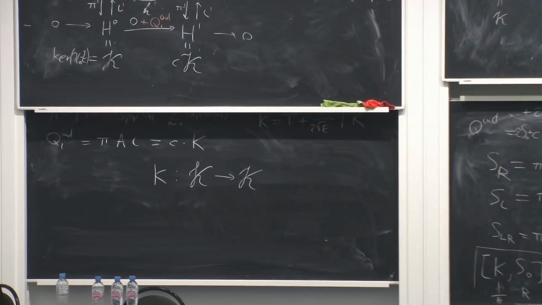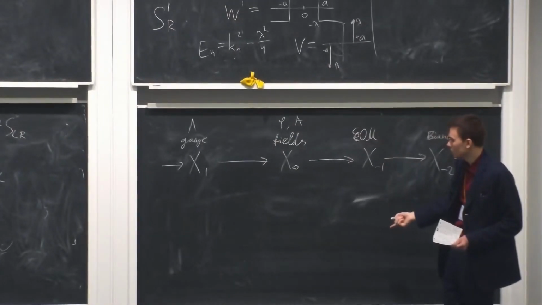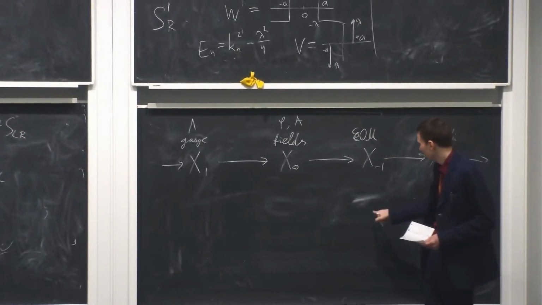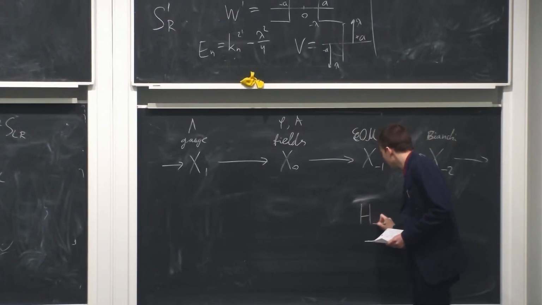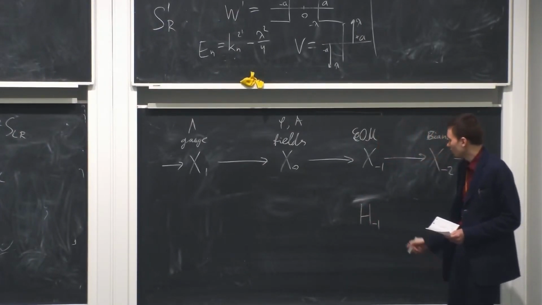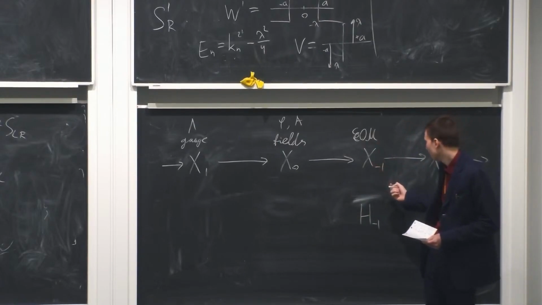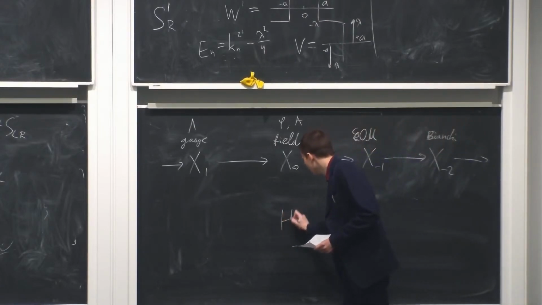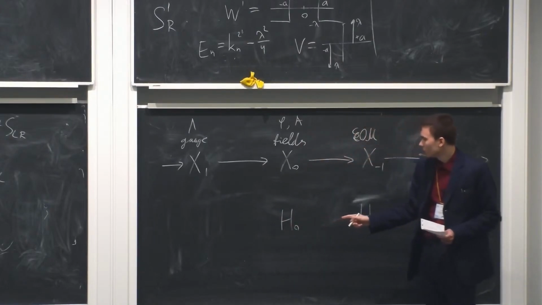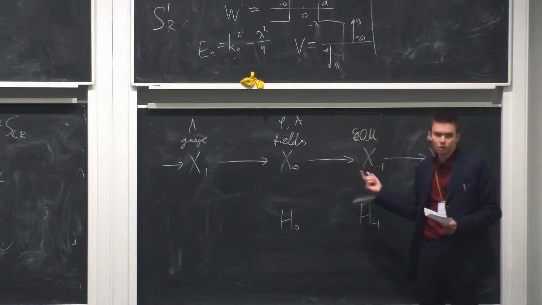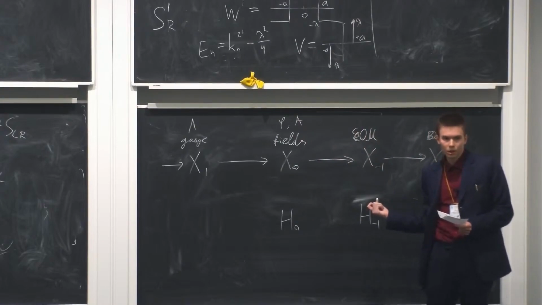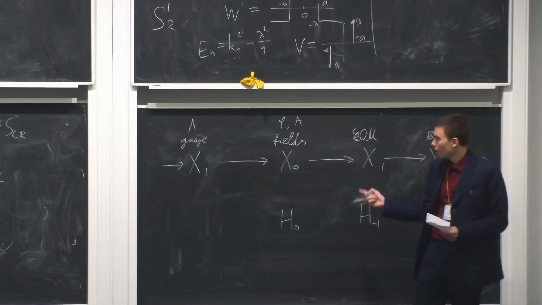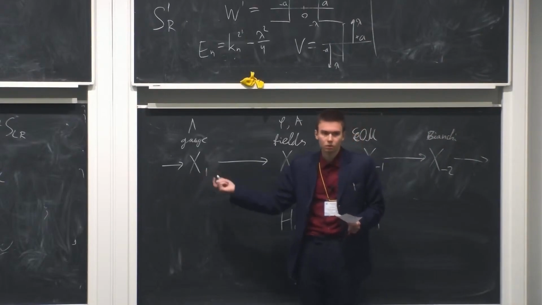So that's why when we consider these homologies here, when we look at this minus first homology, or rather this one, the 0th homology, we take those fields that are 0 on the equation of motions, but up to gauge transformations.